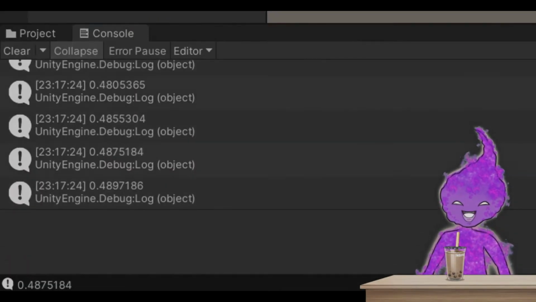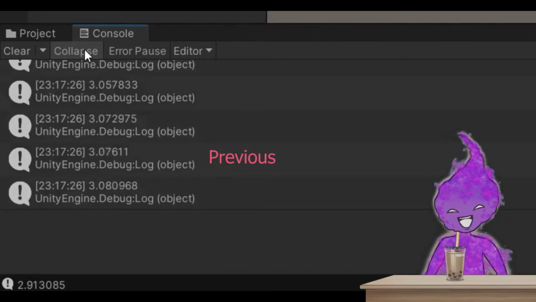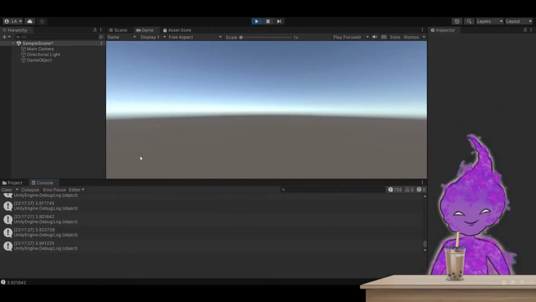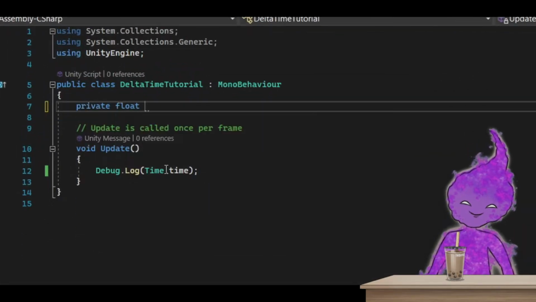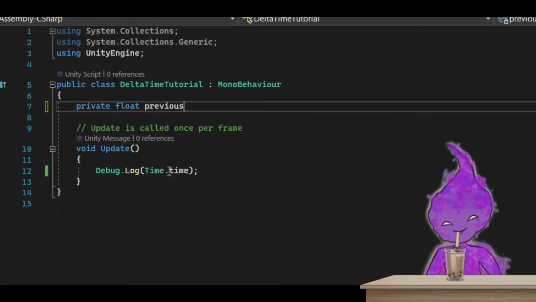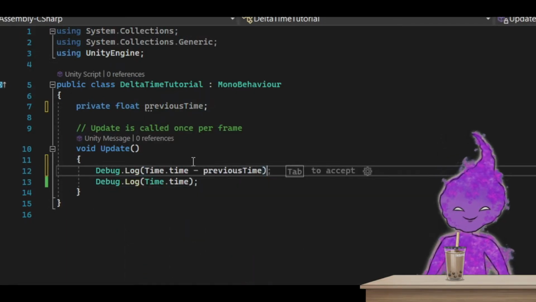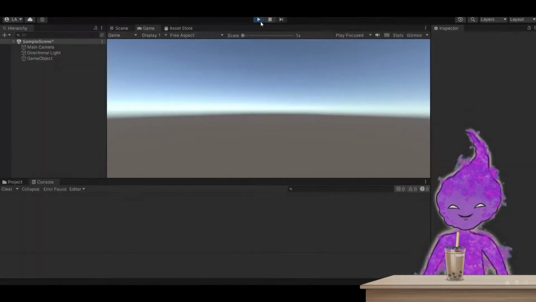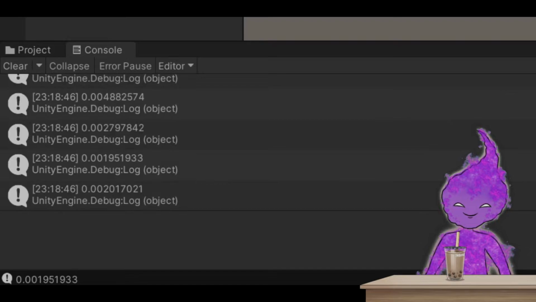If we try to debug the time value from a certain frame and compare it to the value in the next frame, then we'll notice that the value is now higher. If we subtract the current time value with the time value of the previous frame, then we will get the delta time between those two frames.